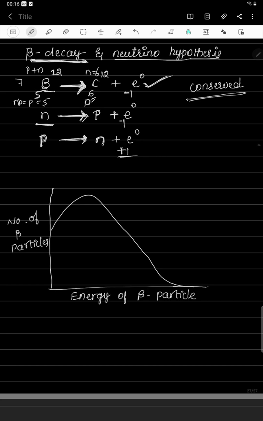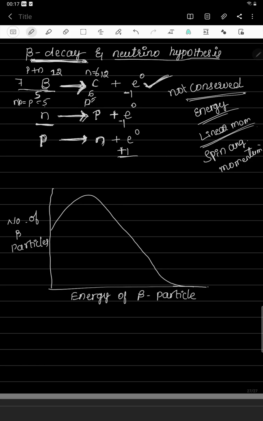For this reaction, they observed that energy is not conserved, linear momentum is not conserved, and spin angular momentum is also not conserved. So now this reaction should be balanced by adding or removing something. What that is, we will study now.